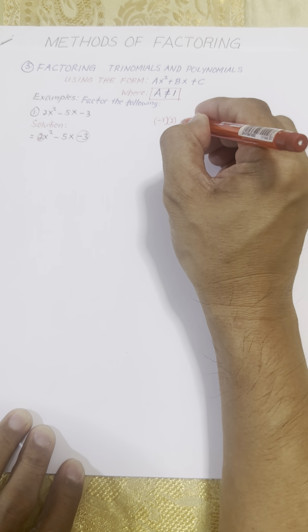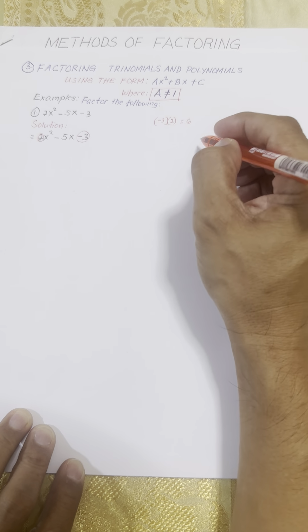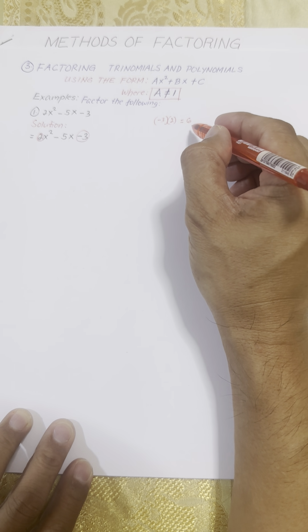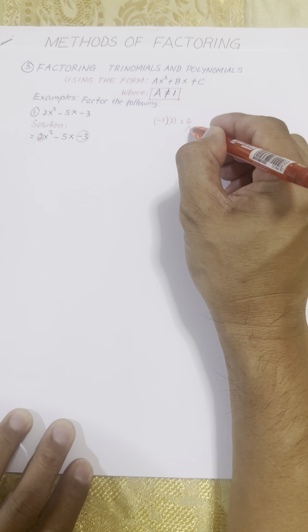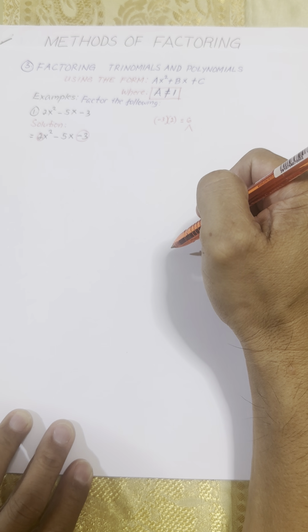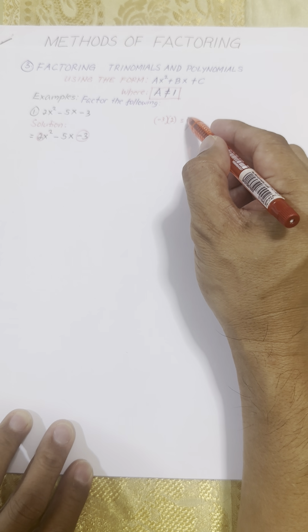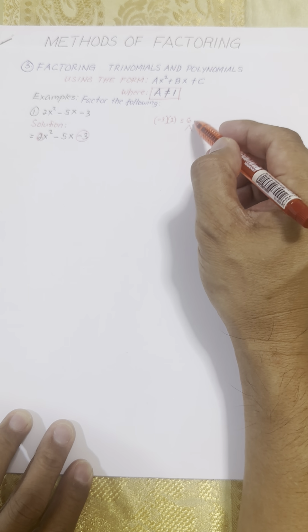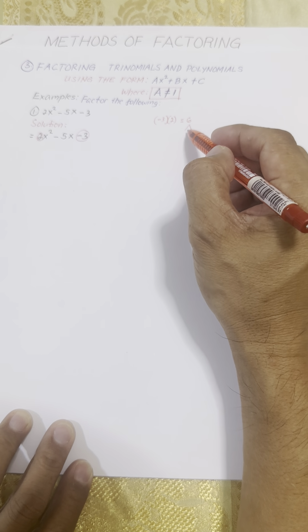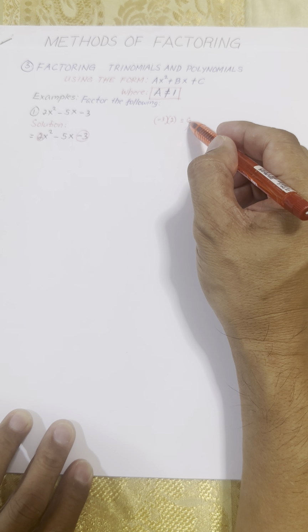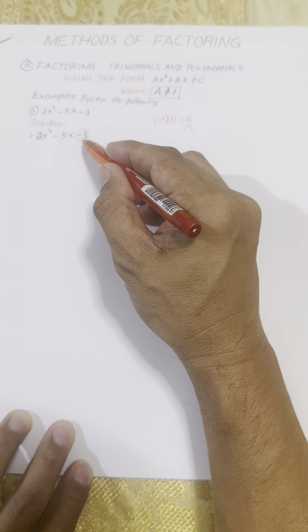And the product is equal to minus 6. So this is where we're going to find the factors.